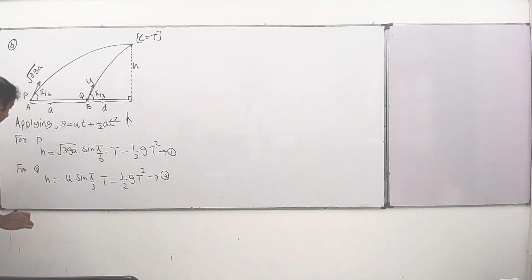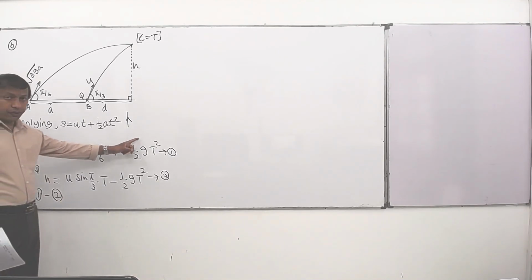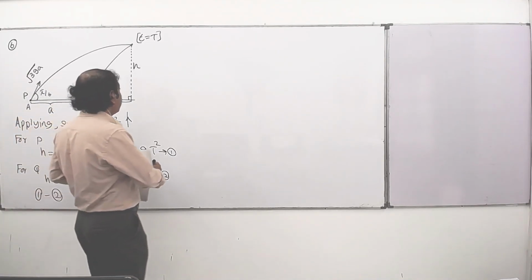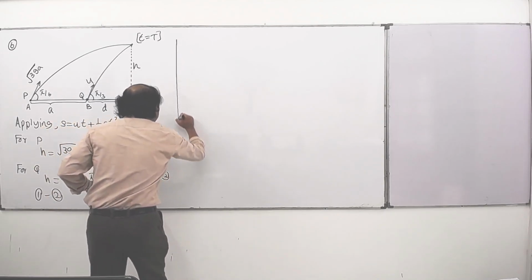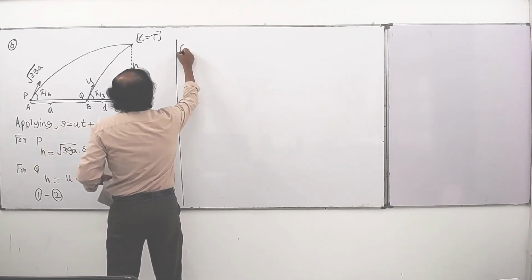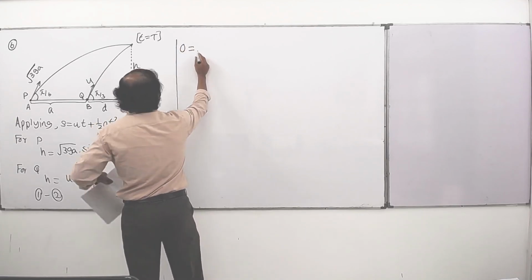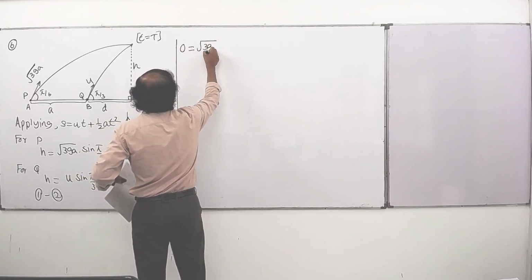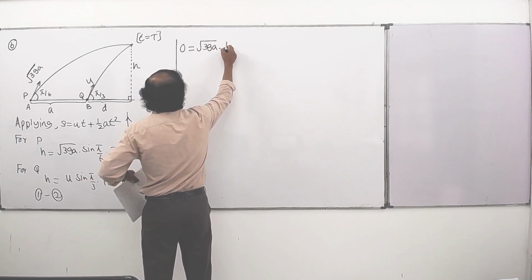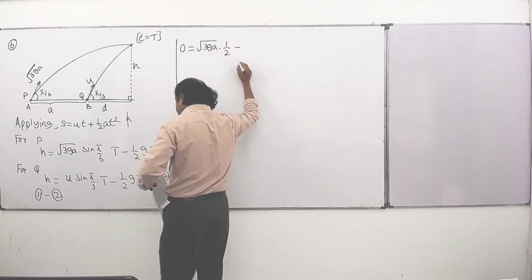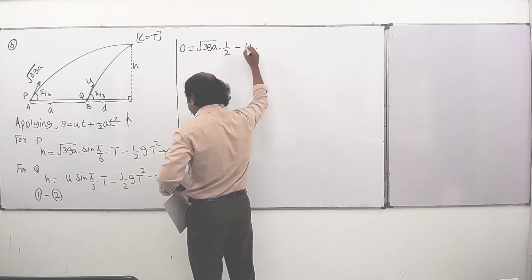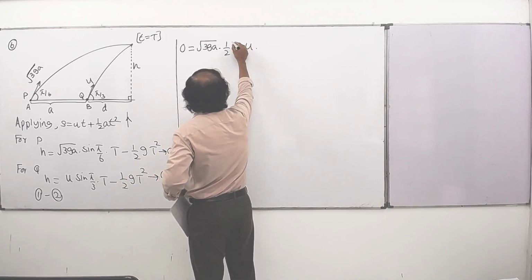Take 1 minus 2. Then you know h minus h will be 0. This minus this will be 0. We get what? 0 equals root 3 g a sine pi by 6, which means half, times T, and here we have T also, right?